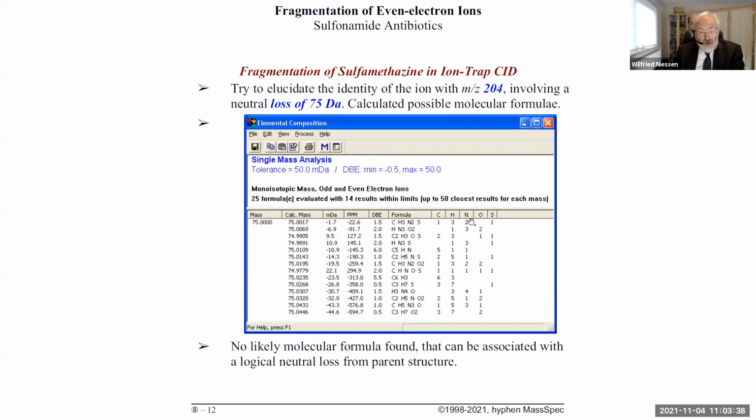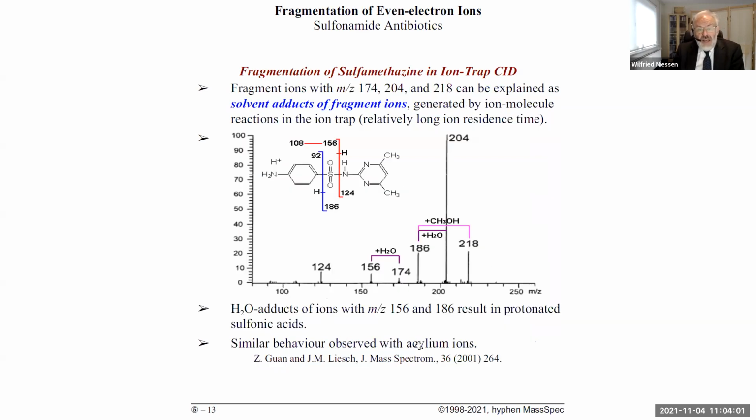I get a number of possible elemental compositions, and then I try to see if any of these can be taken out from the molecule in a logical way. Quite often this procedure leads me to an idea of what's going on, but in this particular case, it didn't. But then I realized, hey, we have an ion trap.